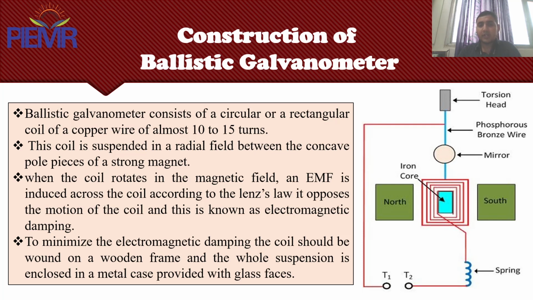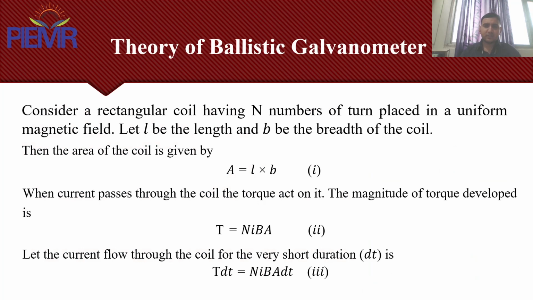When the coil is rotating in this magnetic field, an EMF is induced by Lenz's law, and as we know, Lenz's law opposes the motion of the coil and is known as electromagnetic damping. To minimize damping, the coil should be wound on a wooden frame. The whole suspension system is provided in glass also.